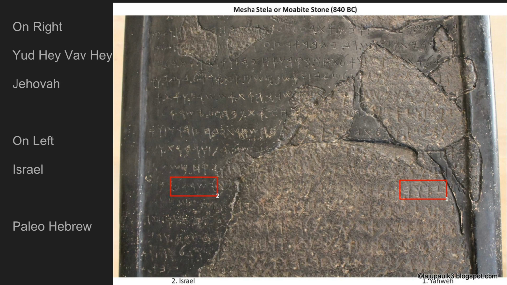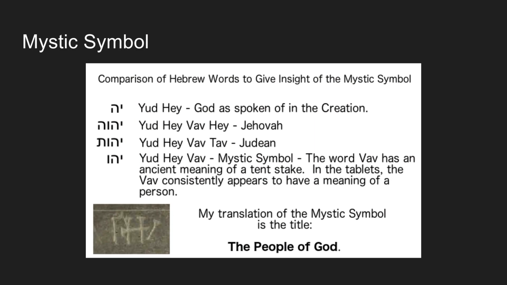Now, the mystic symbol is three symbols, Yod He Vav. It does not include the He at the end. As I continued to further research, what I discovered is Yod He is the same thing as Yahweh, which is God as spoken of in the creation. Yod He Vav He, of course, is Jehovah.